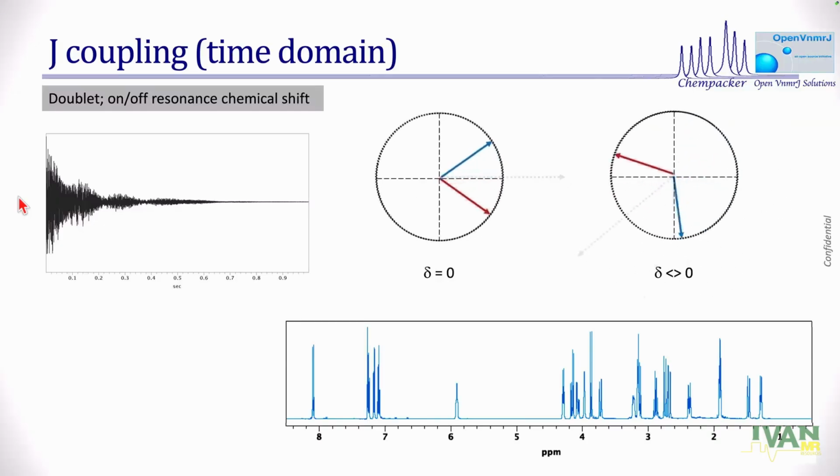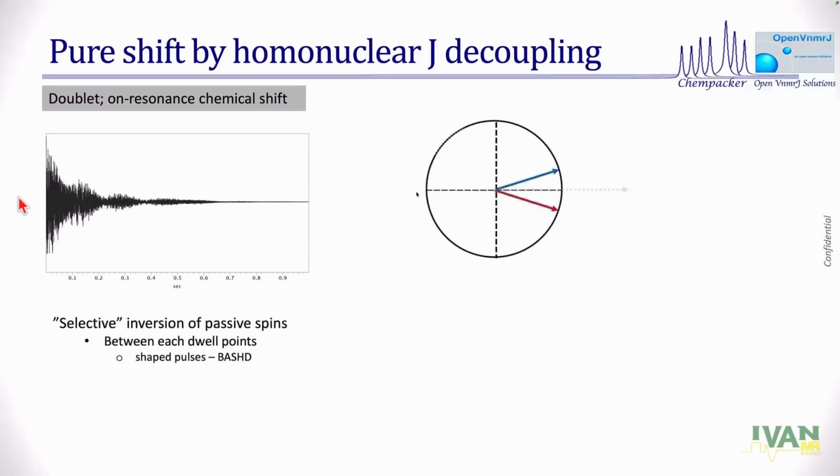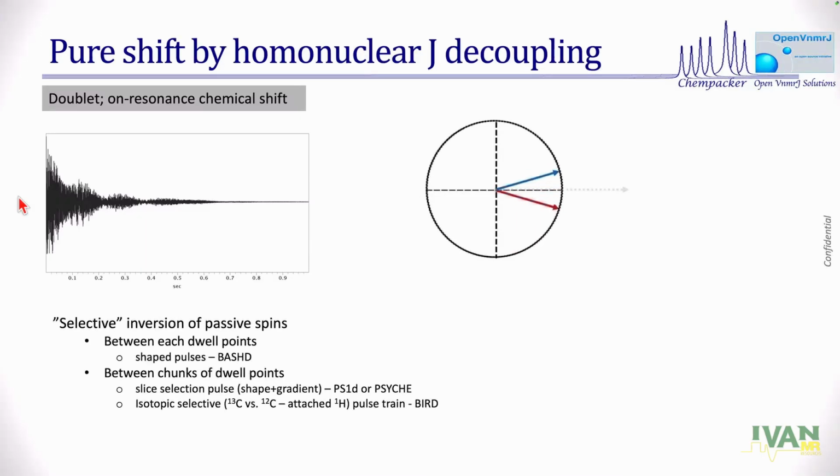So the idea behind broadband homonuclear decoupling by the conventional pulse sequence method is essentially, as the two vectors go back and forth, right in the middle of some time, you invert the spin states of the passive spins. So the color code in this particular case, as a doublet, changes, so they start to spin in the opposite direction.